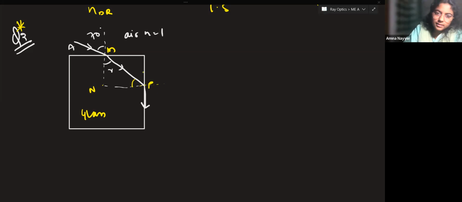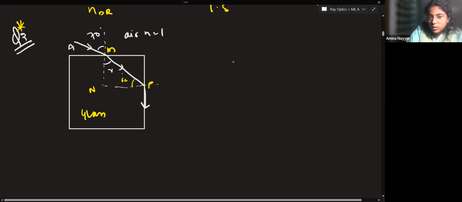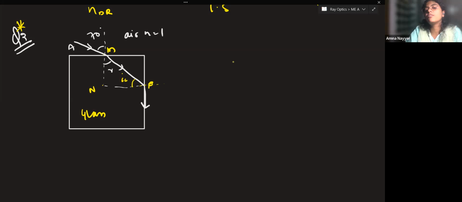Once refraction is occurring, the angle is 90 minus r, that is fine. See, that is the critical angle. Then only, for this particular point P, you are getting the angle of refraction as 90 degrees. Do you understand this? 90 minus r, that is right. That we'll use in our numerical, for finding this answer.